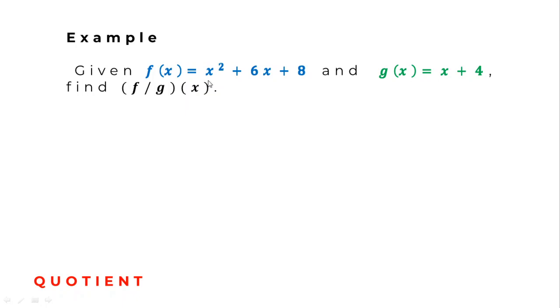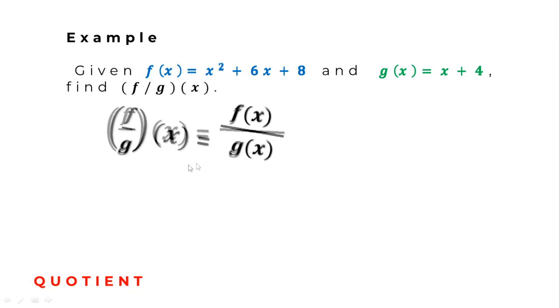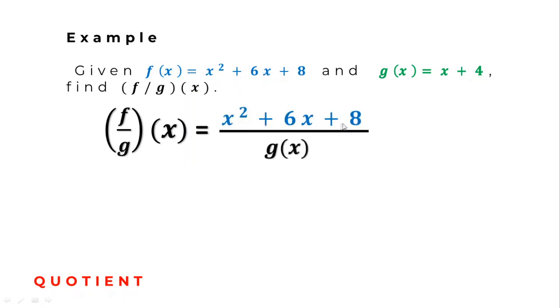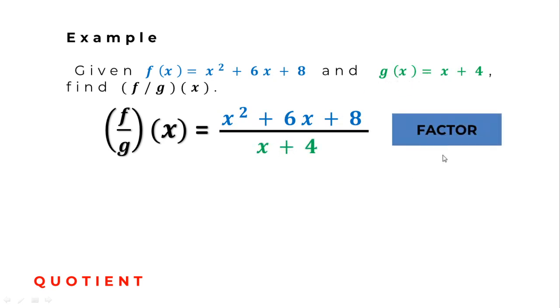Given f of x is equal to x squared plus 6x plus 8 and g of x is equal to x plus 4, find f over g of x. So ganito siya, f of x over g of x. So gawin natin ulit, substitute natin yung f of x, magiging x squared plus 6x plus 8. And then yung g of x magiging x plus 4.